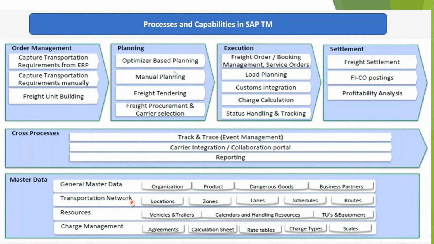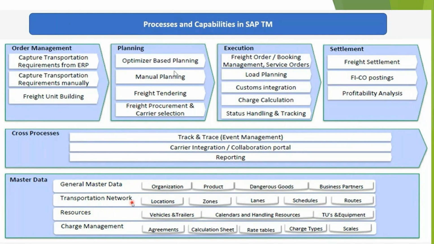So you build your own zones, and once you build the zones, then you create a lane. A lane is a legitimate route between one location or zone to another zone. If you are transporting from New York to California, you can create a location as a New York shipping point, and California as a location, or you can create a zone if it is more than one location.